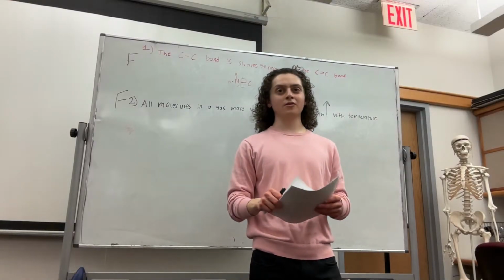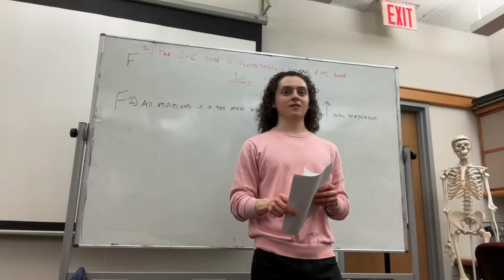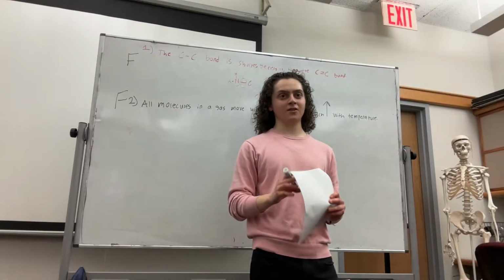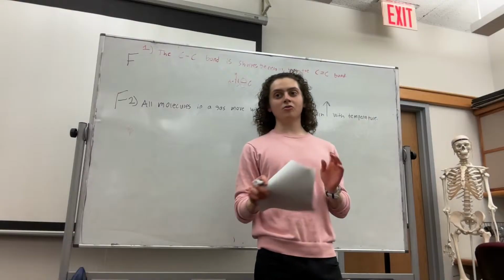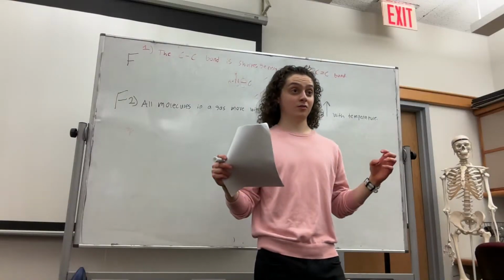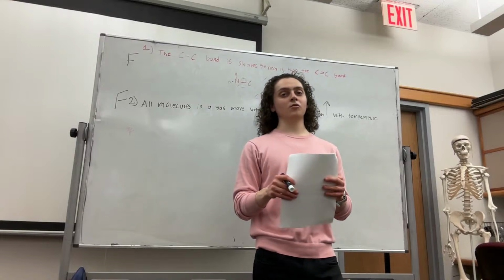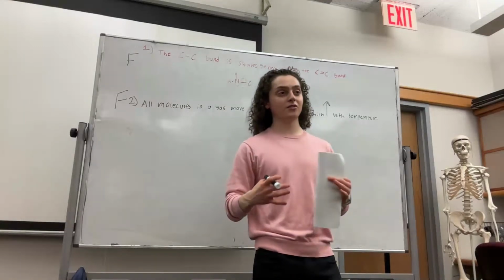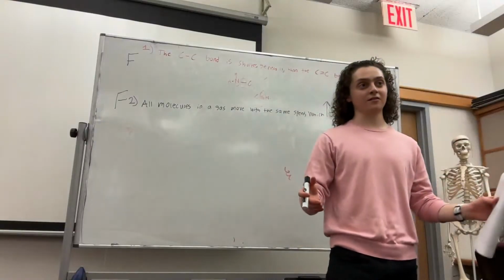And then there are a few others. Another is that the collisions between gas molecules are completely elastic. So there's no transfer of kinetic energy when the 2 gas molecules collide. So this is just another conceptually similar thing to the fact that we don't care what the identity of gas is.